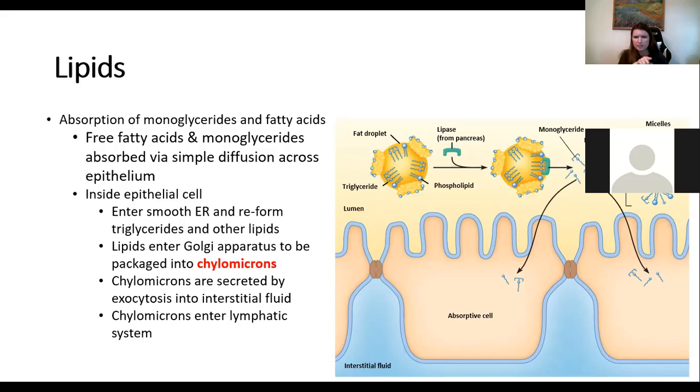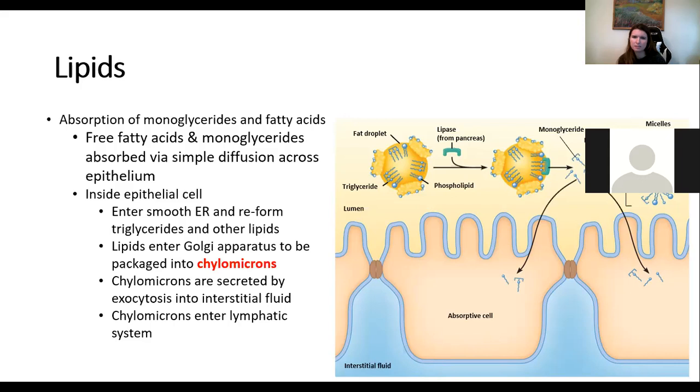We remember that we have these little prongs coming off the inside of our GI tract, and they have blood flow to them. They had a little arteriole going to them, a little venule coming out of them. They also had a branch of the lymphatic system that we called a lacteal. So the chylomicrons are going into those lacteals, which are part of the lymphatic system.